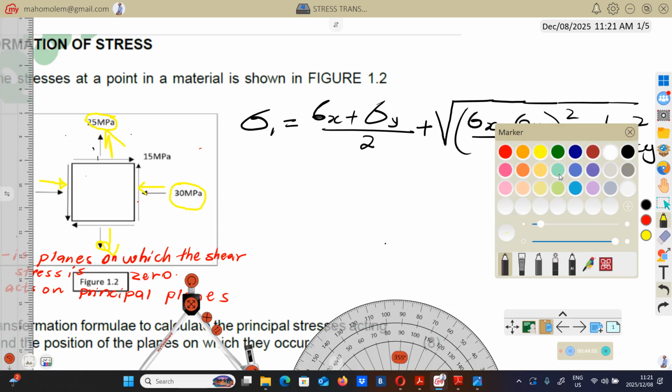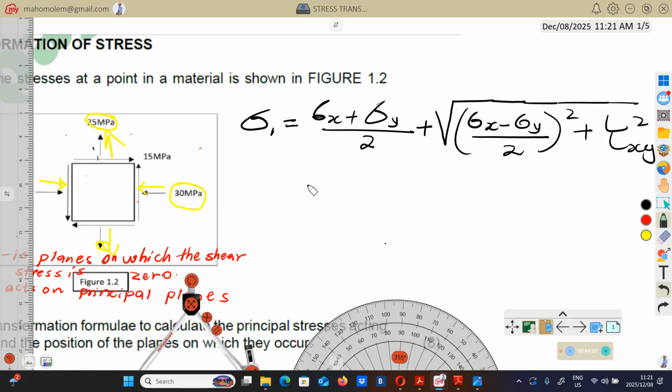The same thing applies with the shear stress. If there is a shear stress in this direction on the x face, which is clockwise, remember this downward direction here is still clockwise. If you move down like this, you are still moving clockwise. If you move up like this, you are still moving clockwise.